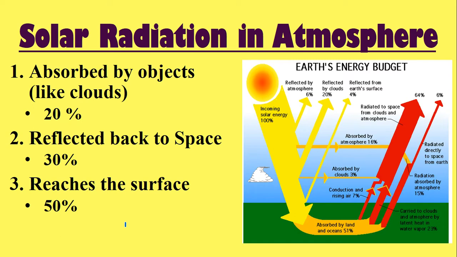It hits a cloud or some particle in the atmosphere and gets reflected back to space. And then about 50% of all solar radiation reaches the surface of the Earth, where it can start warming the Earth.